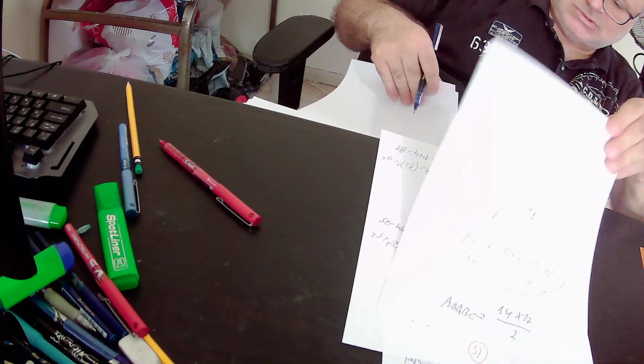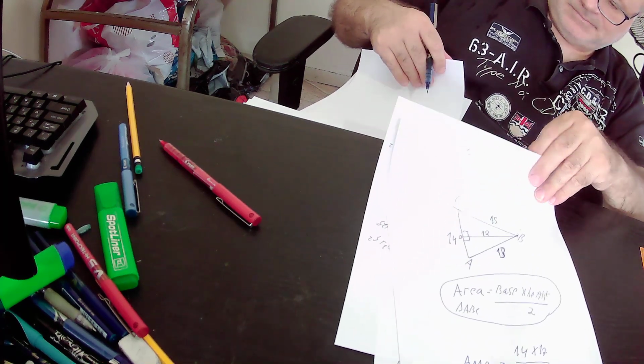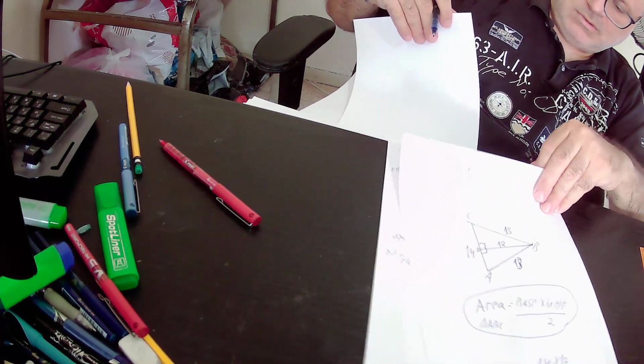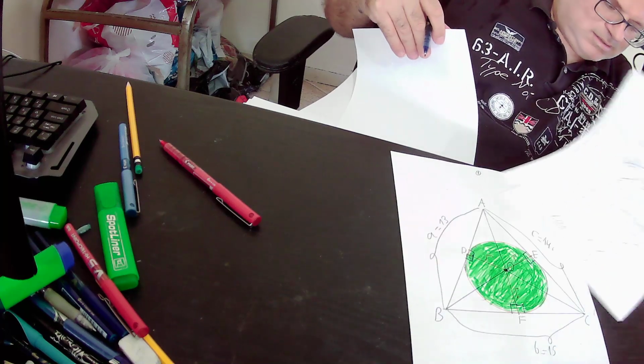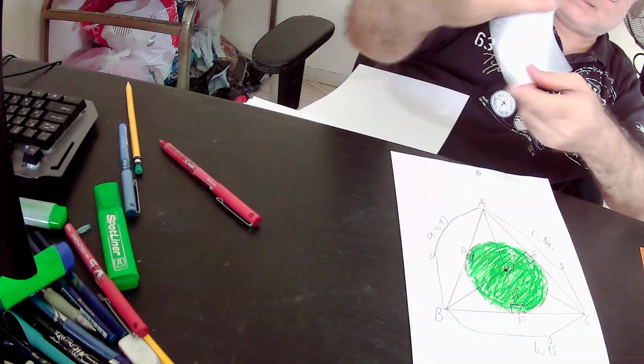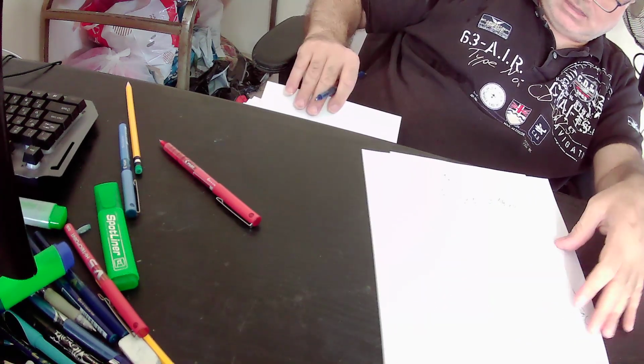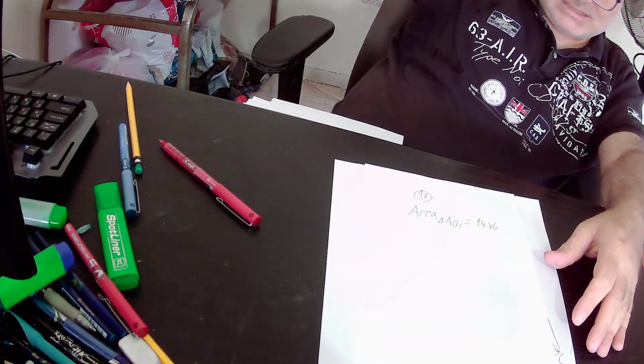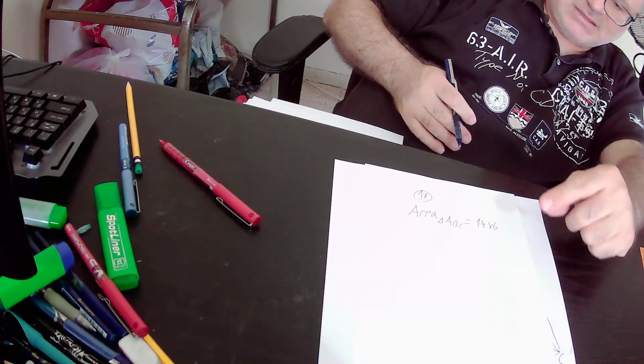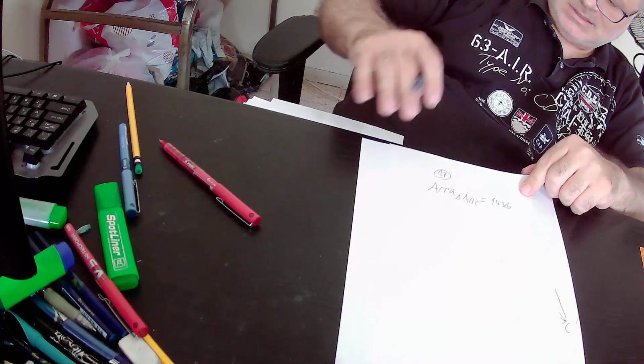Okay, so the area of triangle ABC equals 14 times 6, and 14 times 6 is 84 square units.